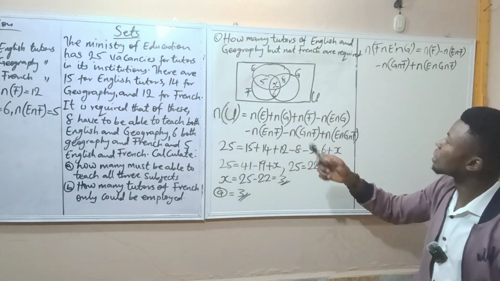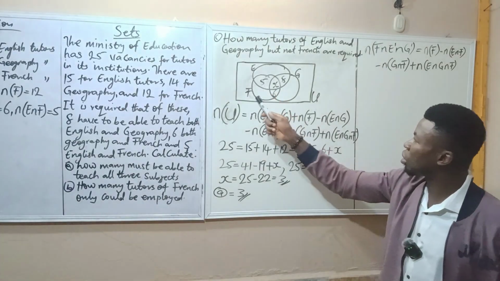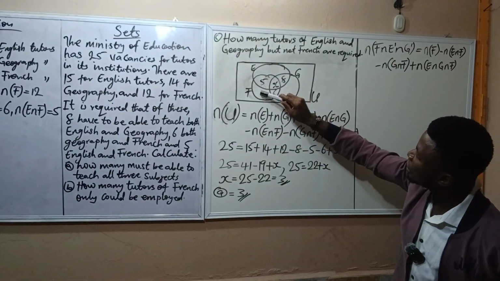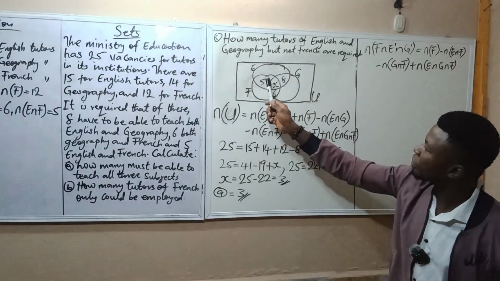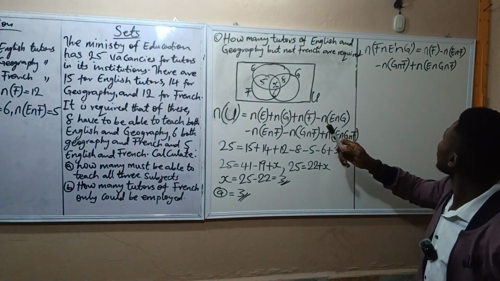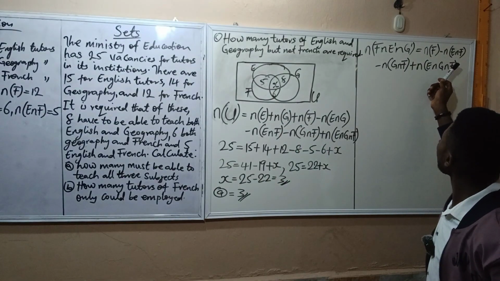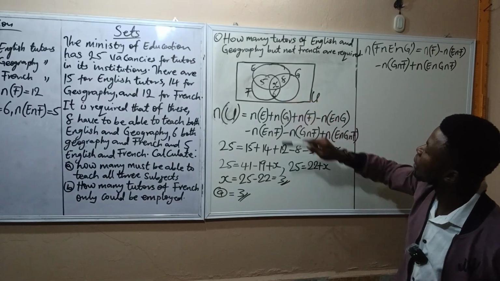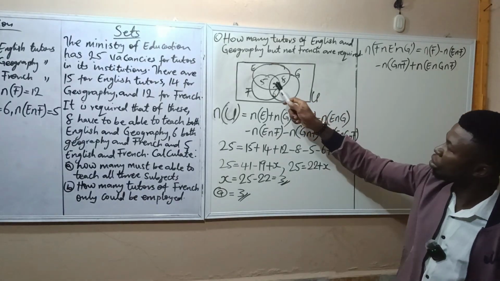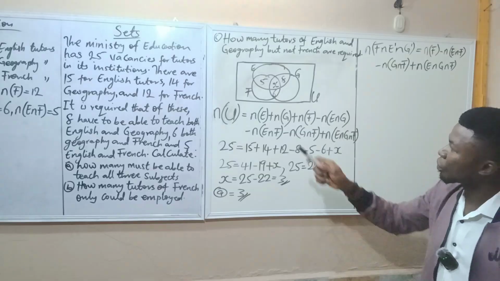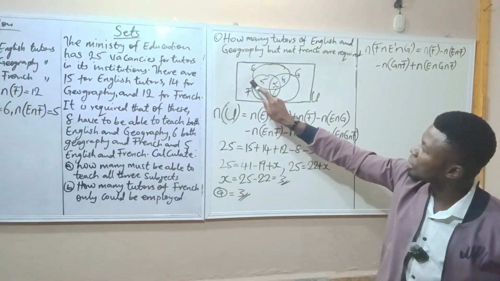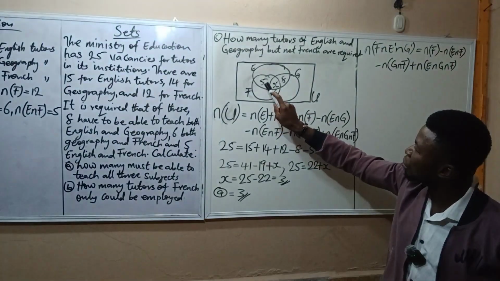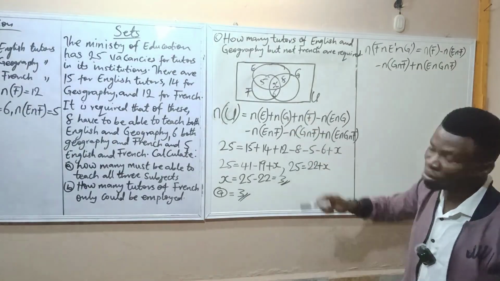Now, in order to get it, it is the number of French all, then minus the number of French intersection English, which is this place, then minus the number of French intersection geography, which is this place, and then plus the number of this place. You know why? The moment we said number of French, it covers both 5, X and 6.